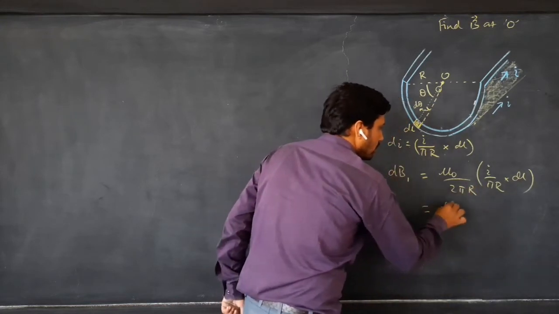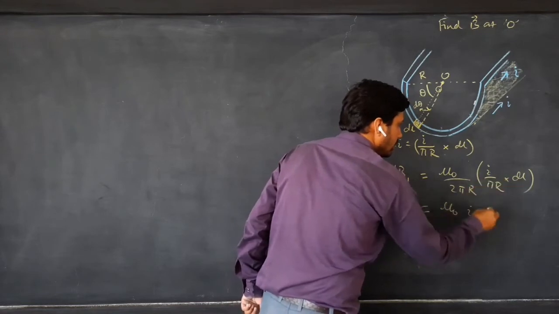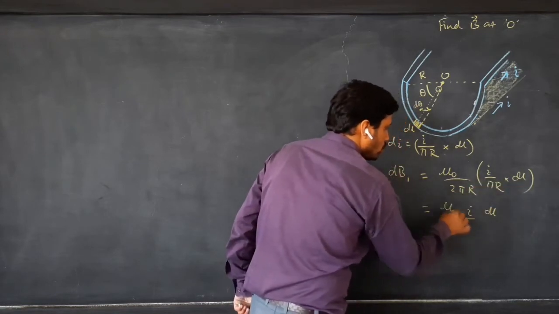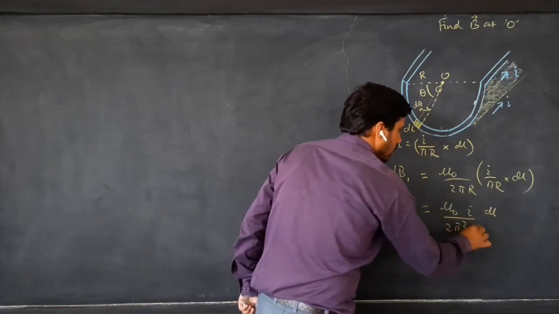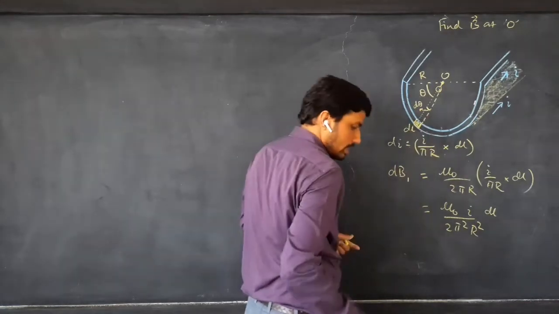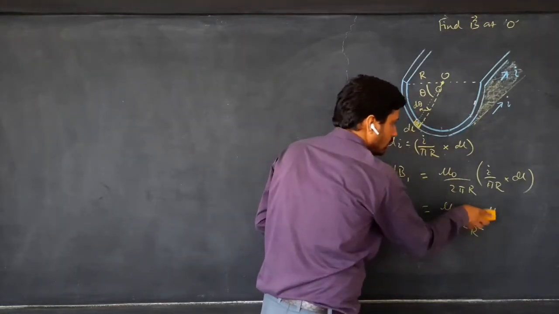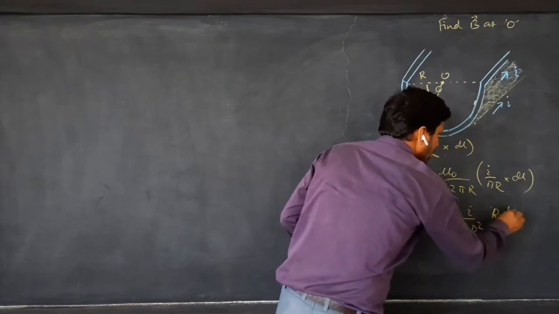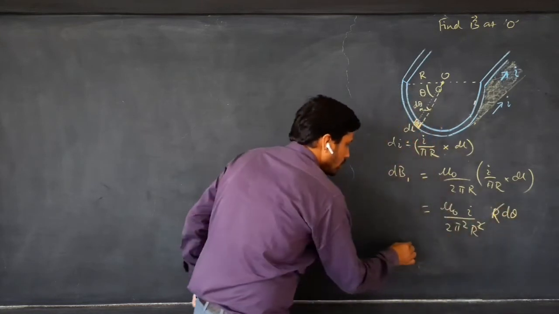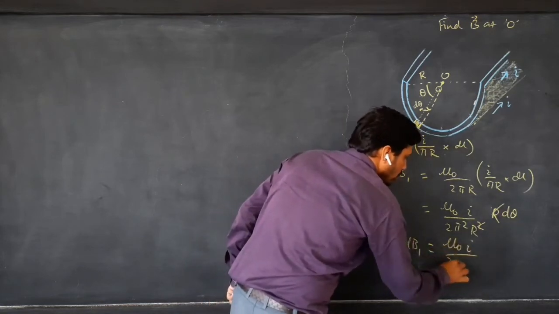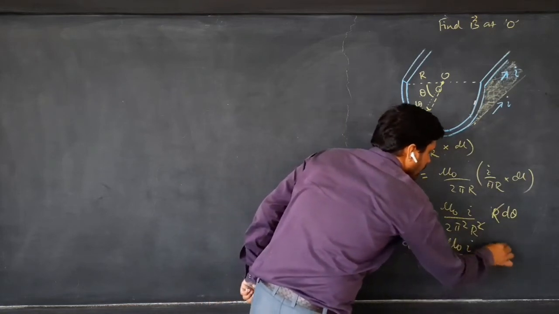So this becomes mu naught I dl upon 2 pi square r square. Then dl I can write as, in this dl is r d theta, so dl I can write as r times d theta. So one r will cancel, so dB1 we have got how much? Mu naught I upon 2 pi square r and then d theta.